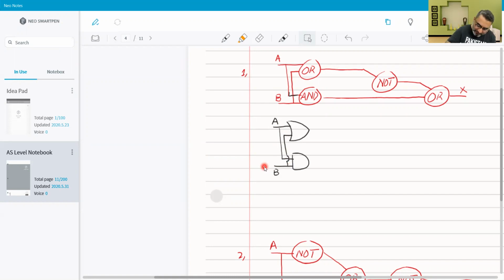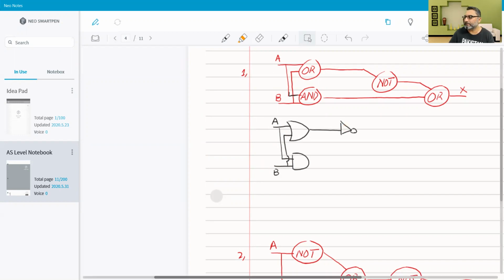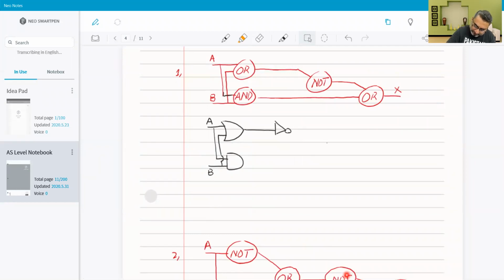And then afterwards, we use the NOT gate, as we have the NOT gate over here. And then we have one OR gate. So the output from the AND gate goes to the OR gate, and the output from the NOT gate also goes to the OR gate.